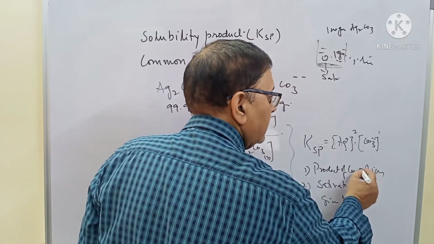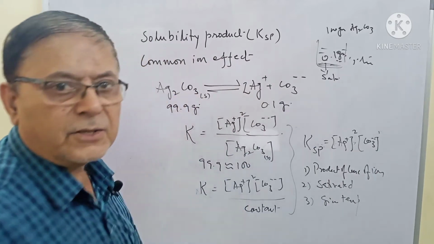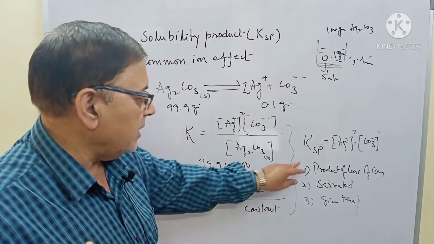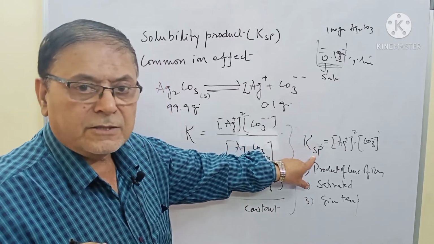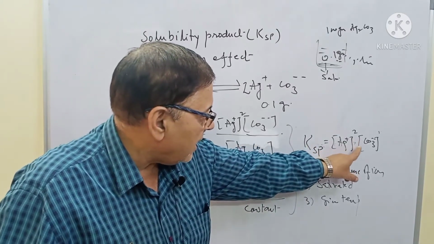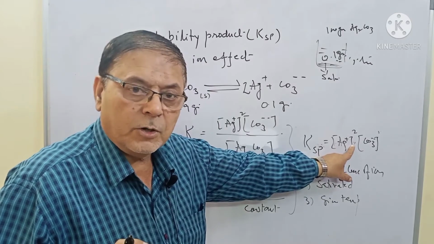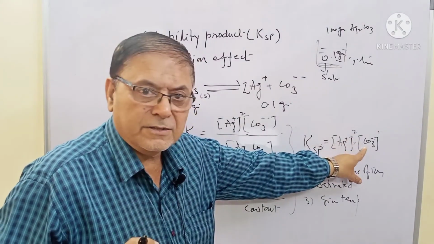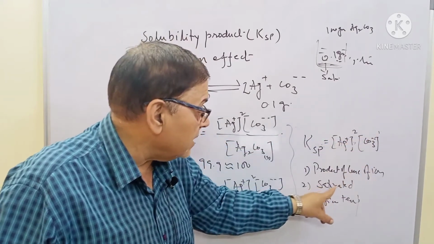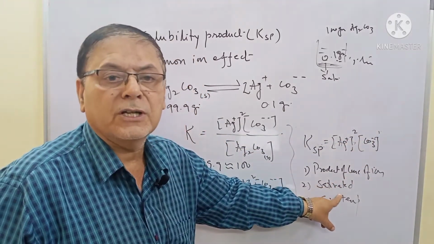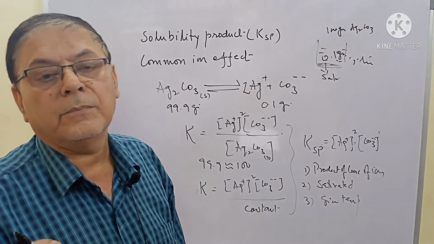Of course, raised to the respective power is understood. So three major points. Solubility product is a constant. It is defined as the product of concentration of ions raised to the respective power in a saturated solution at a given temperature.